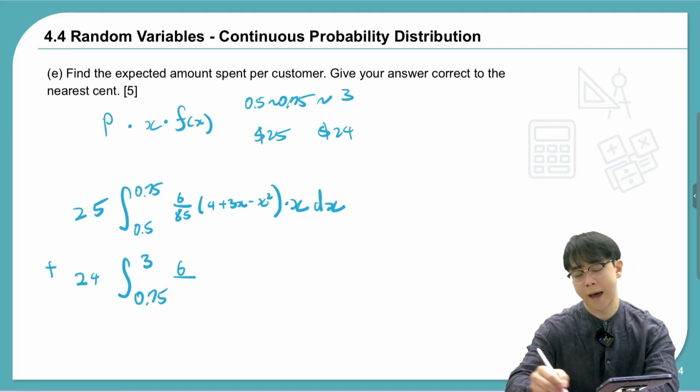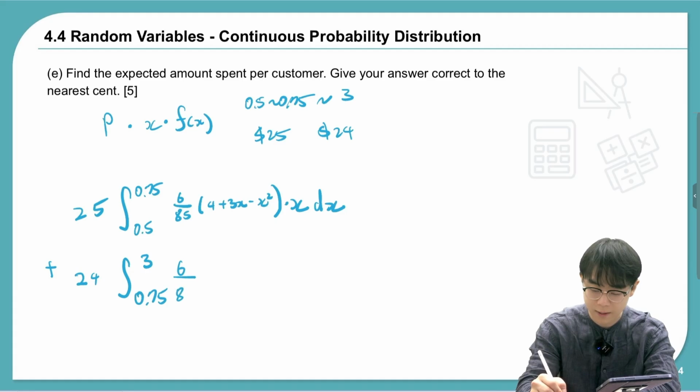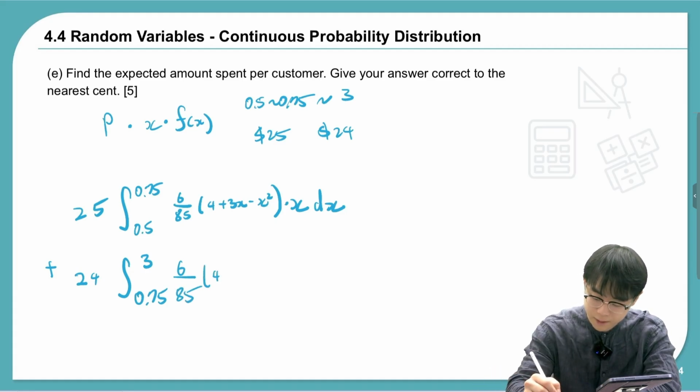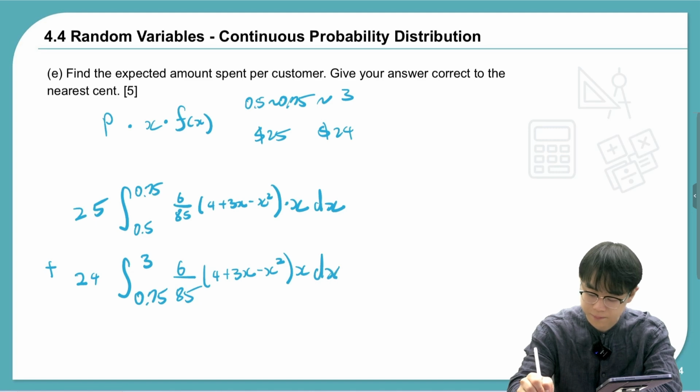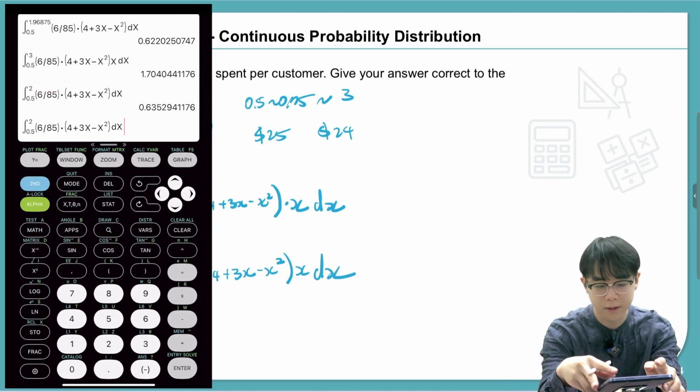Right? So we would add up these expected values, multiplied by the price, to get the expected amount spent per customer. So we have 4 plus 3x minus x squared, and then we get x dx. So we can now use our calculator to perform this integration.